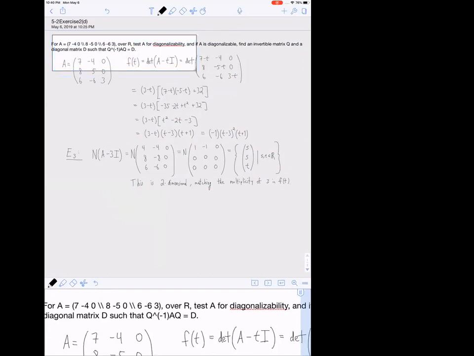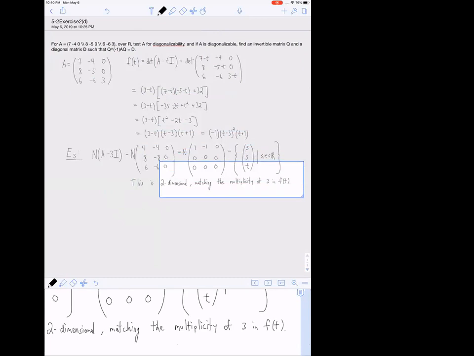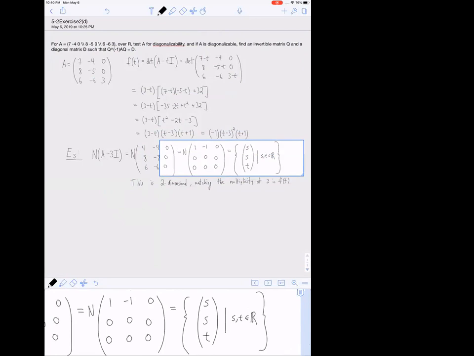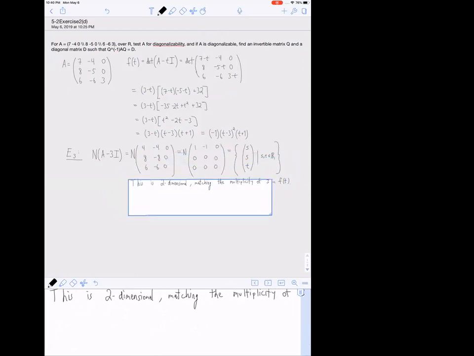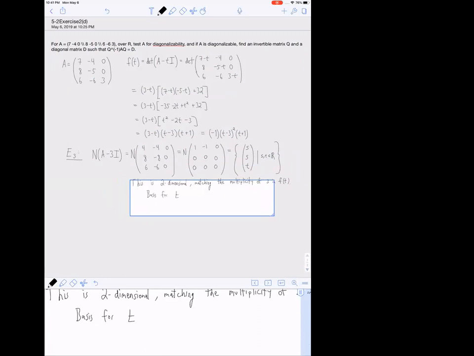So in order to do that, we have to actually do the rest of the work and find associated eigenvectors and build a basis and so forth. So knowing that this null space is the set of all vectors of the form (s, s, t), where s and t can be any real numbers, let's write down a basis for the eigenspace associated with 3.